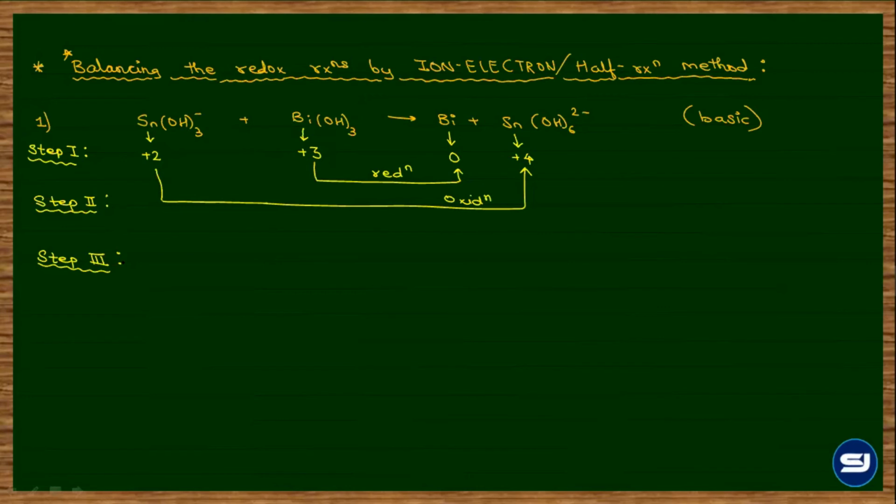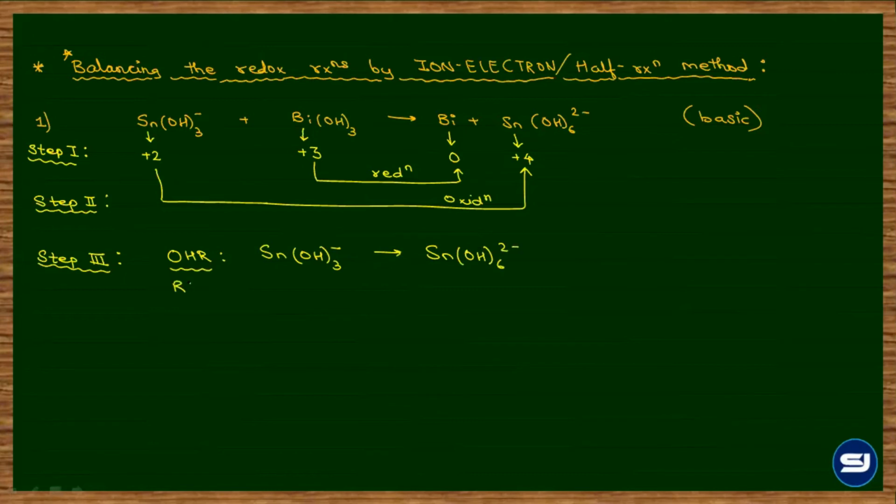But now in the ion electron method, in step 3 we will just break this reaction into two half reactions. One would be called the oxidation half reaction, where obviously oxidation takes place. मतलब Sn वाला species को हम separate कर लेंगे: Sn(OH)3 negative giving Sn(OH)6 2 negative.